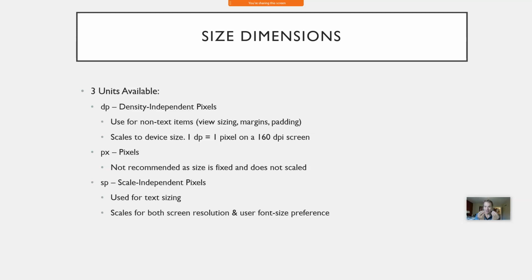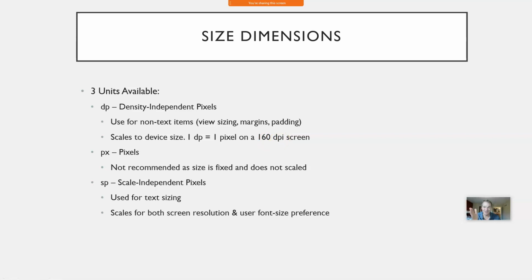As pixels become smaller and smaller, we need a way of designing that's going to work even though the pixels are smaller. The way they came up with was this idea of a density independent pixel. It assumes that a pixel is on a screen that has a resolution of 160 dots per inch, or pixels per inch.